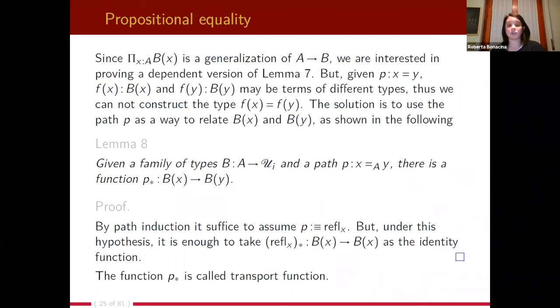Again, by induction, we assume that P is a reflexivity, and so it is enough to take the star of reflexivity as the identity function. So in this way, we obtain this function P star, which is called the transport function, and which is very useful to generalize lemma 7.